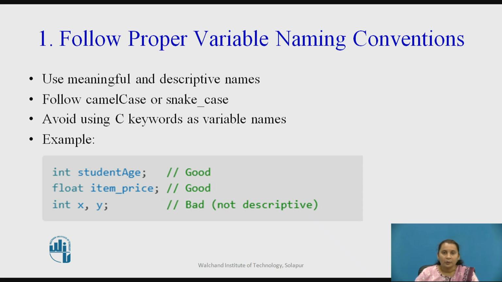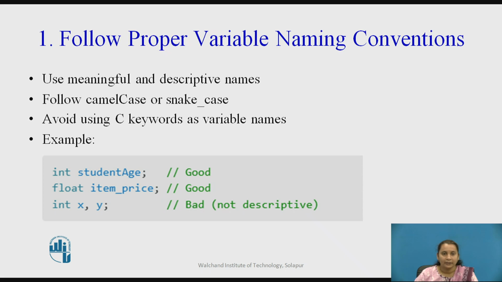First, follow proper variable naming conventions. When a beginner programmer, as a student, is using the name of a variable, they should not use names like ABC, PQR, LMN, AB, XYZ.